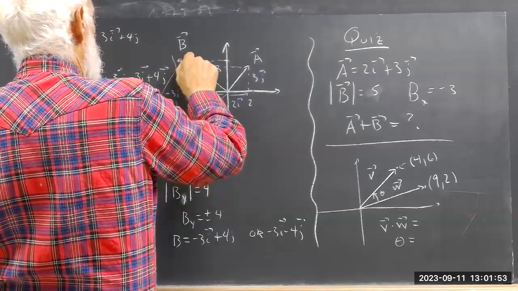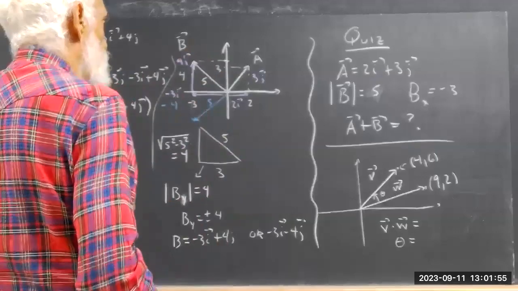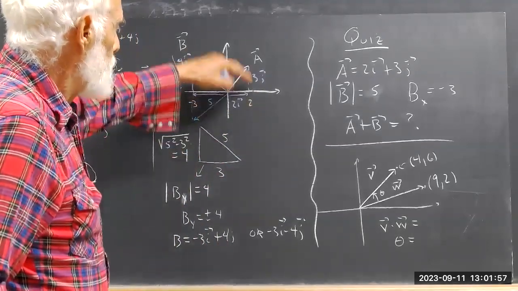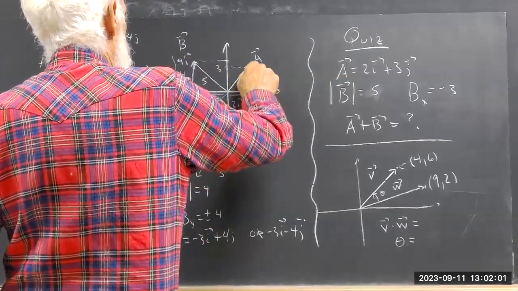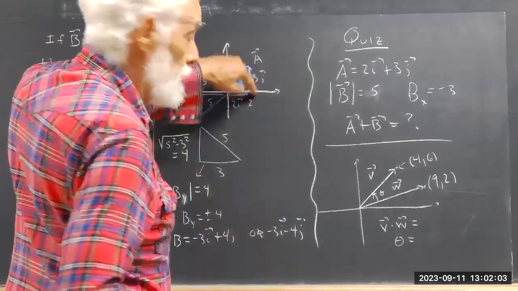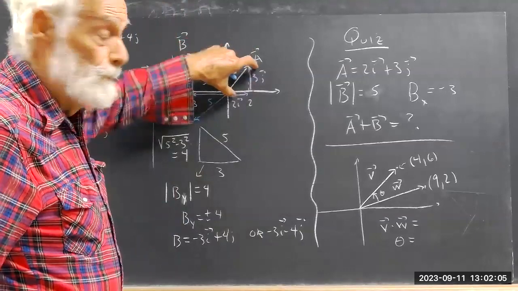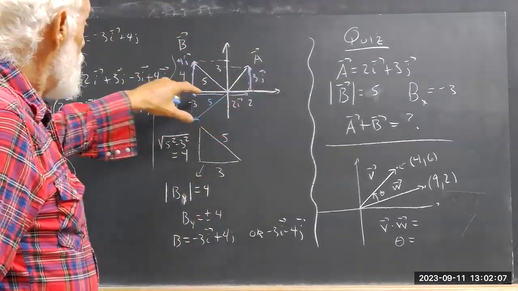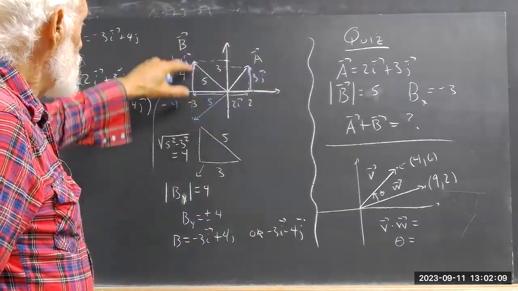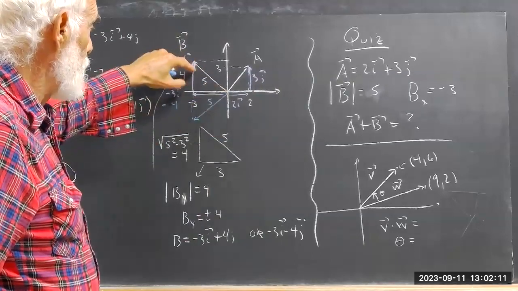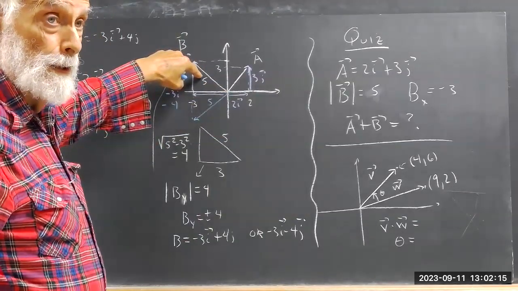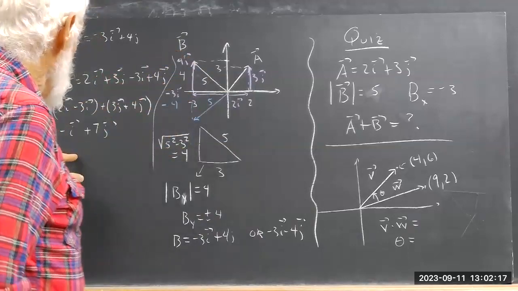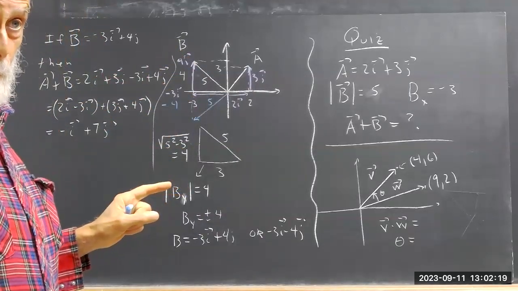This is 4j. So this vector is 2i plus 3j. You put the vectors here, head to tail, and you get this vector. You draw this vector head to tail with this one, you go from here to here, you get this vector. You want that picture, you want that idea, and you want to know that the algebra works. Okay?